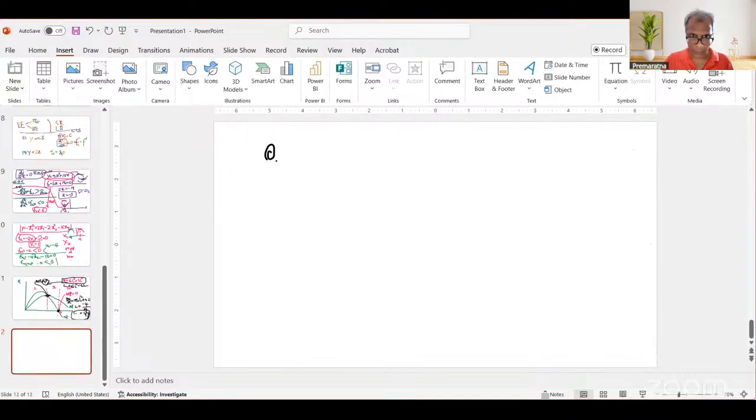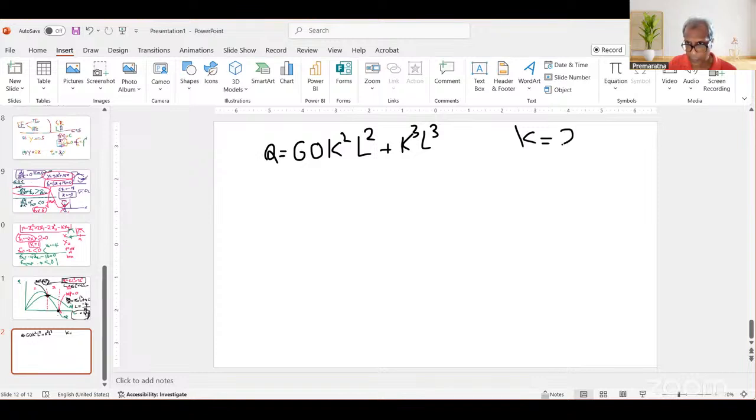Let's say the production function is 60 K squared L squared plus K cubed L cubed. Since in the short run we just assume K equal to a constant, now you can find the short run production function.